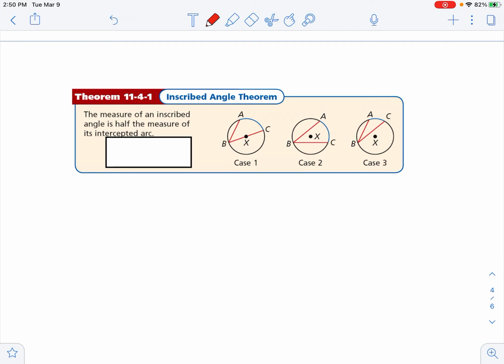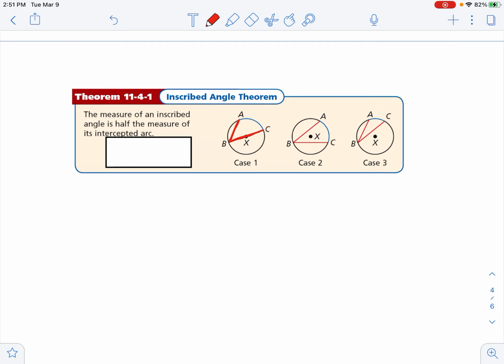Okay, so we already know that central angles have the same measure as their arcs, but what about inscribed angles? They can't have the same measure as their arcs because they're not central angles, right? So what we know about inscribed angles is that the angles are half the measure of the arc.